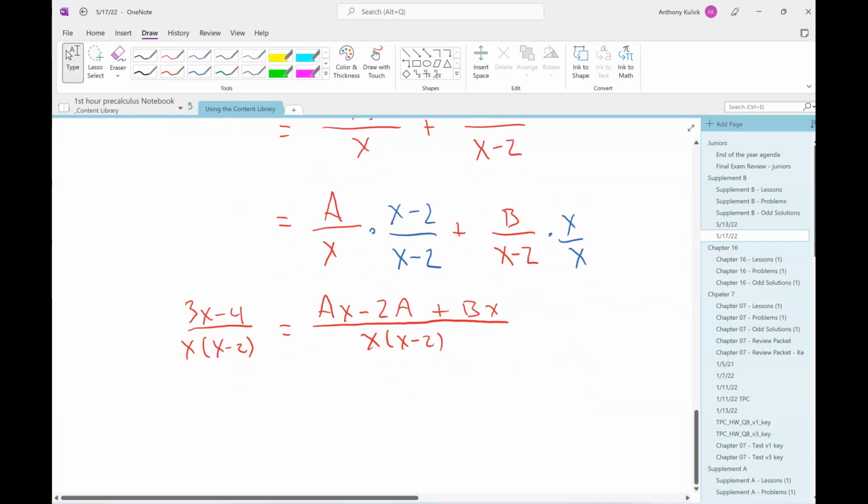So that's going to get me to here. Is everybody okay with how I went from that previous line to that line, when I made my common denominators?